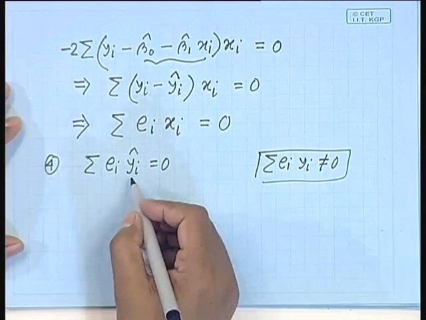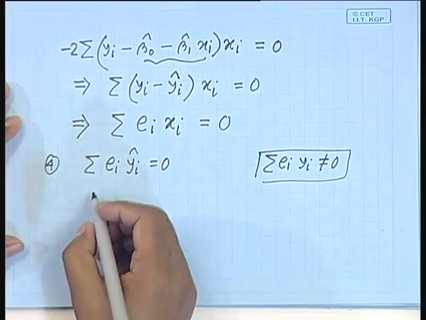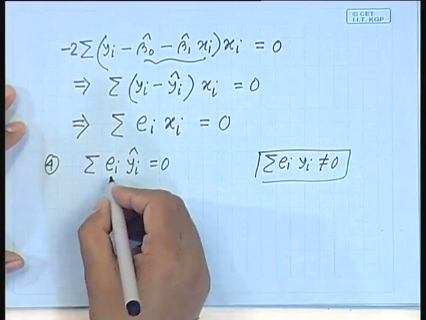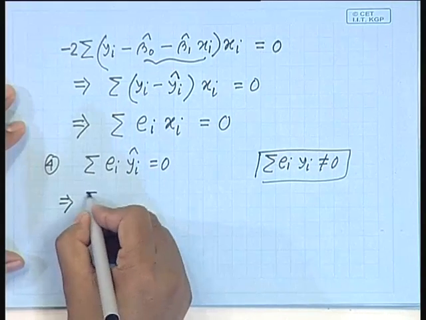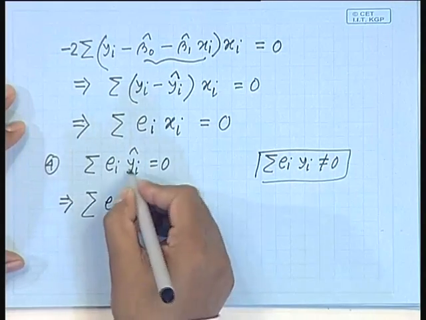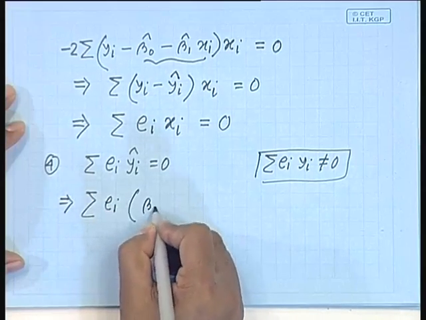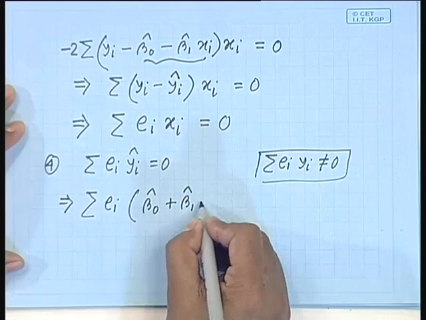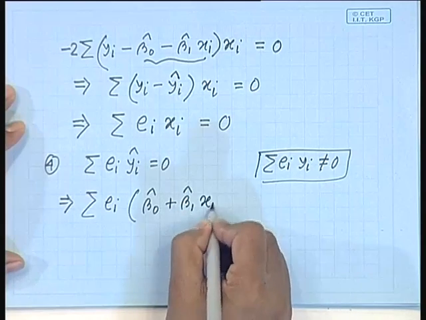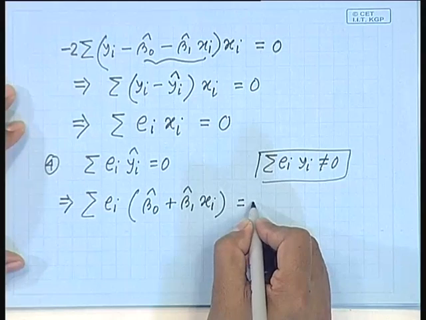This is again a consequence of the first property and the third property. This can be written as summation ei times yi hat. What is yi hat? Yi hat is equal to beta naught hat plus beta 1 hat xi.